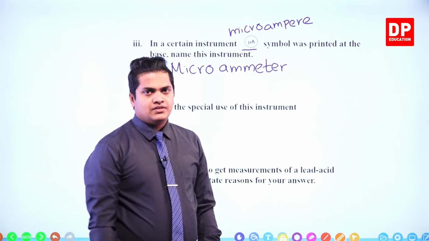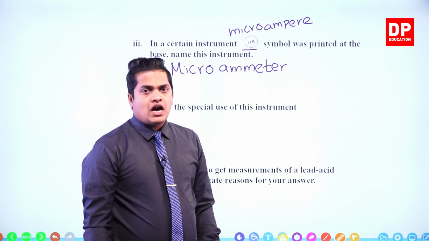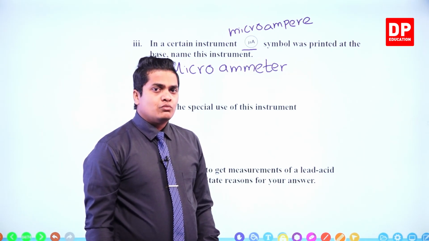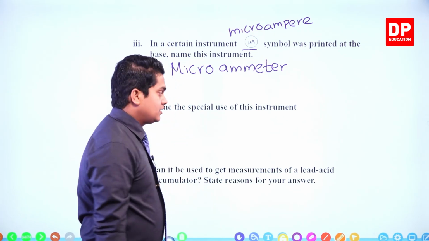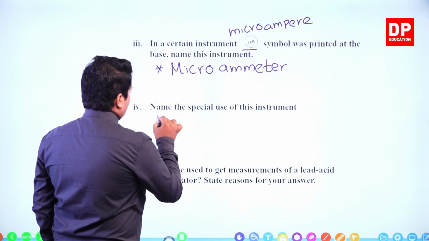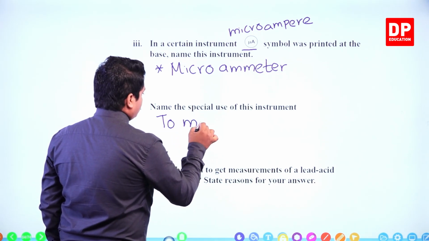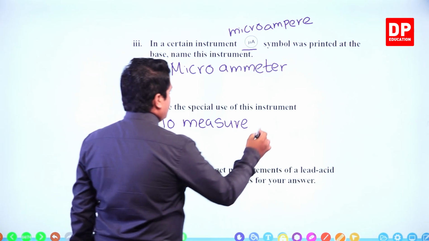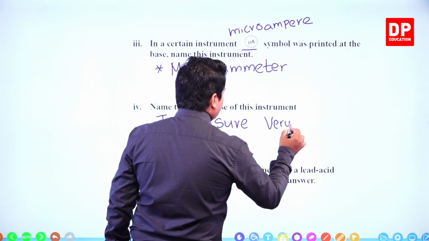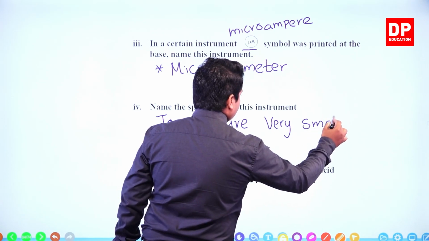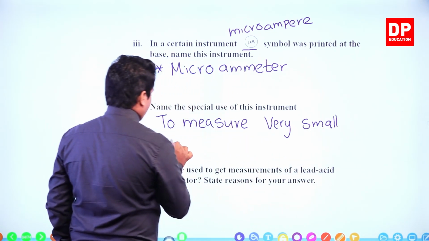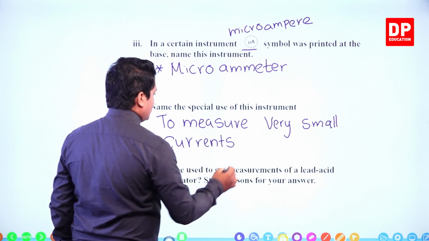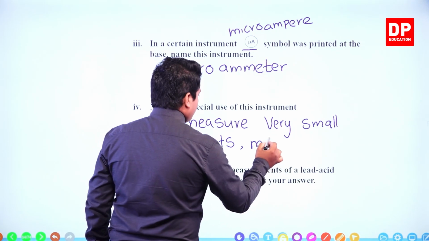So it's really simple, right? The answer for the question in this one is really simple. We use a microammeter to measure very small currents.